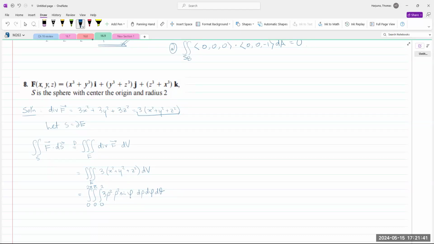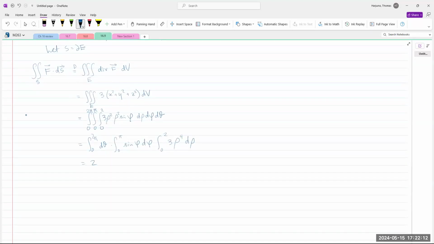Now this is equal to, maybe I slow down a little bit, the integral from 0 to 2 pi of d theta times the integral from 0 to pi of sine phi d phi times the integral from 0 to 2 of 3 rho to the 4th d rho.